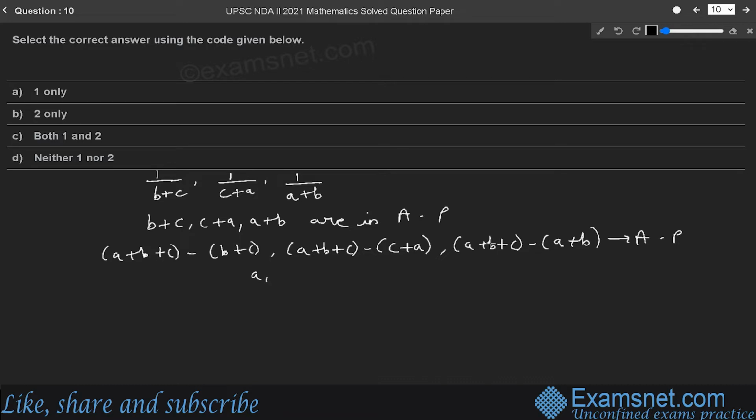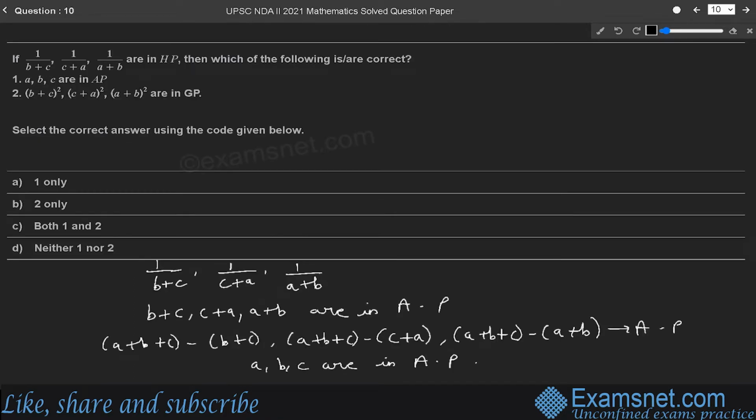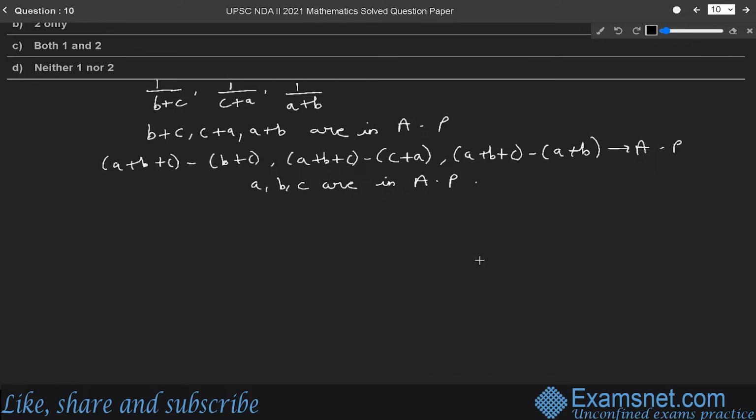Therefore, we can say that A, B and C are in AP. So, we can say that statement 1 is correct. Now, let us talk about the second statement. From the first part, we already know that A, B and C are in AP. Therefore, B will be equal to A plus D and C will be equal to A plus 2D, where D is the common difference.